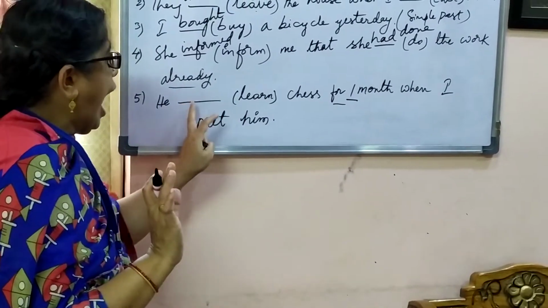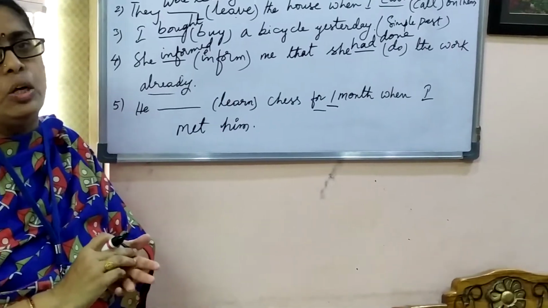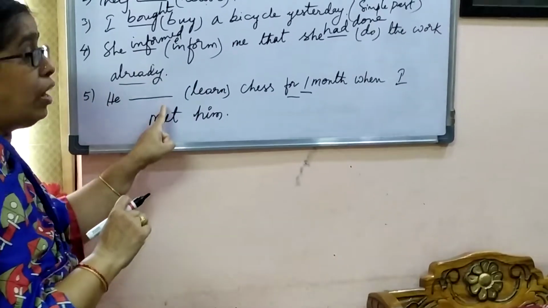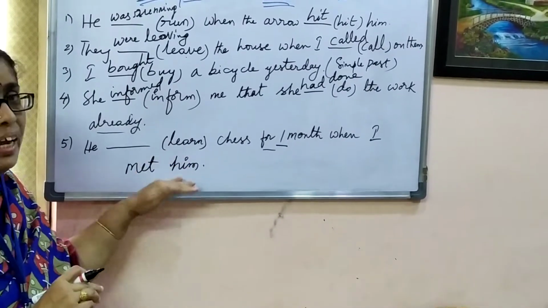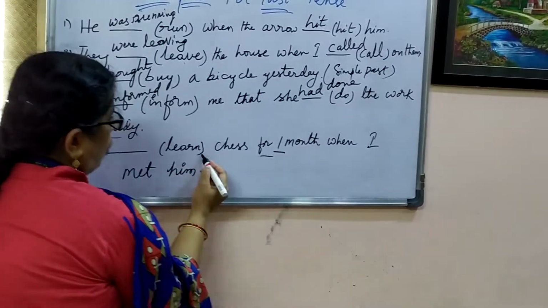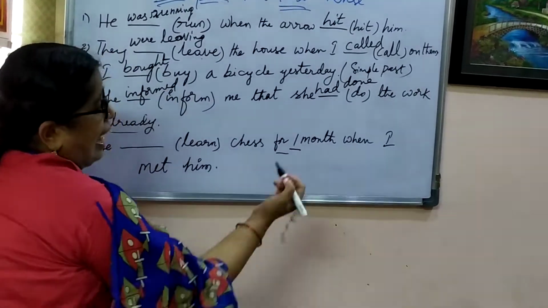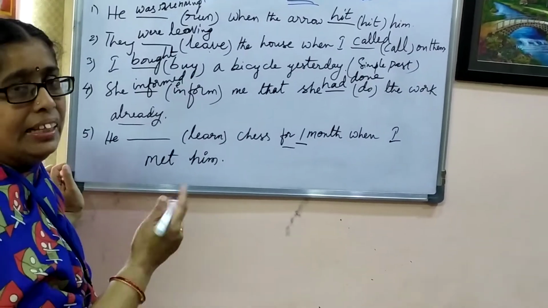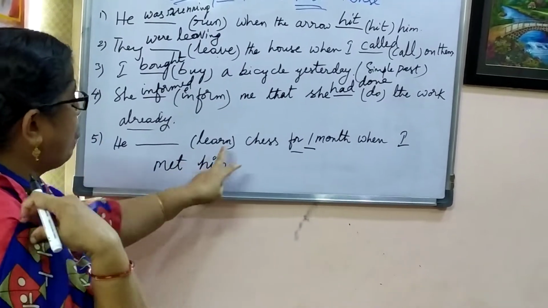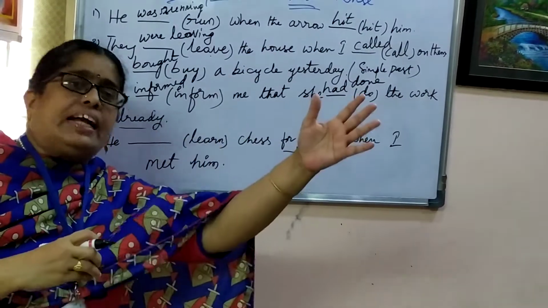He had been learning. Past perfect continuous tense is the only suitable verb form here for this particular situation, because this action went on for a period of time, for one month, when another action happened in the past, when I met him. That means the action of learning chess was going on in the past before that time.